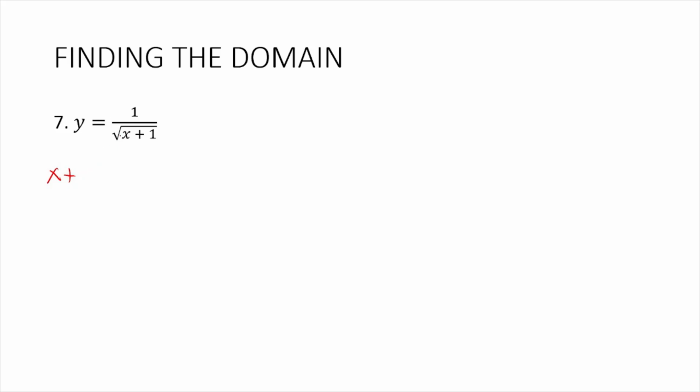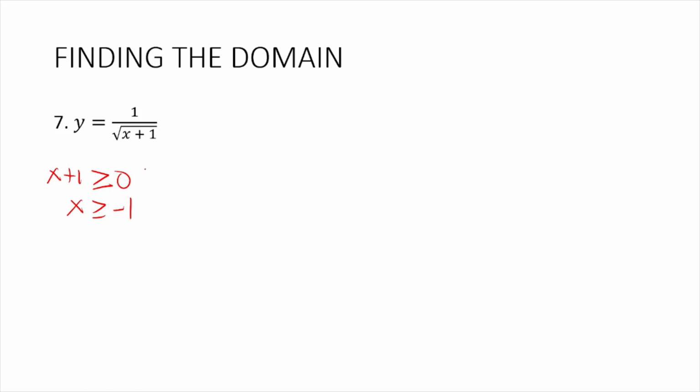We have a square root, an even root, so we don't want the radicand to be negative. So x plus 1 must be greater than or equal to 0. Solving for x, we get x greater than or equal to -1. Let's set this aside for now and move on to the other condition.